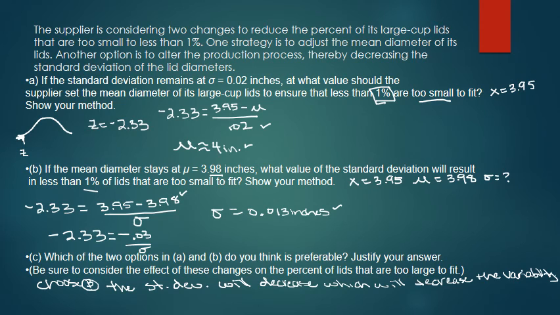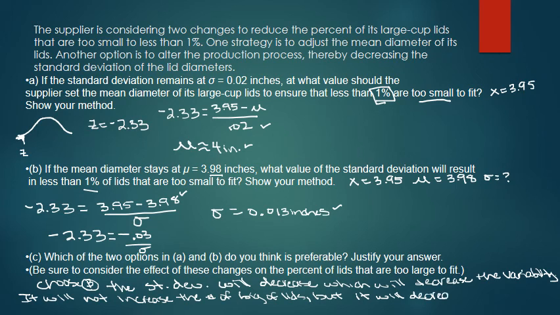So they'll all kind of hover closer to the mean. It will not increase the number of too big lids, but it will decrease the too smalls, right? The ones that are too small.